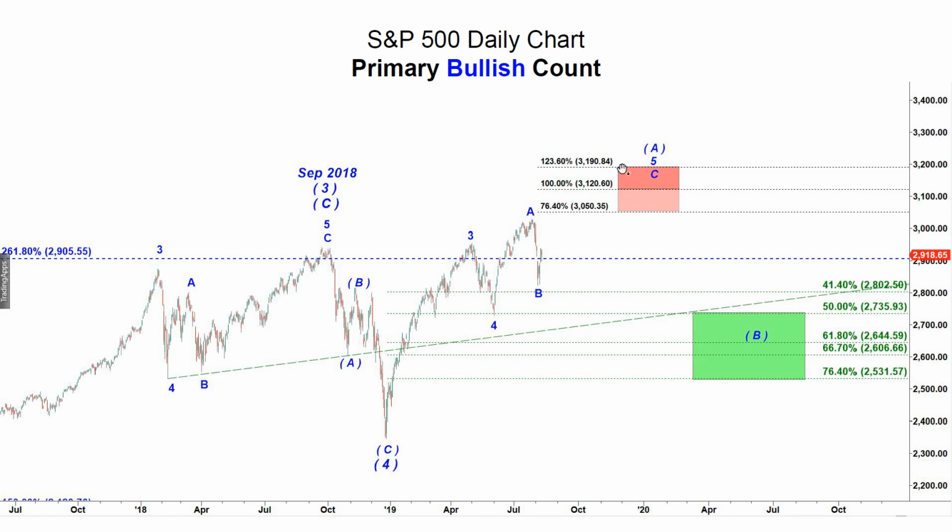What I don't like about that particular scenario is that normally wave A of 5 has to target the previous top made by wave 3. So the ideal point where that wave A of 5 concluded was here. But then inside that wave A of 5, there has to be micro 3, micro 4, and ABC of 5.